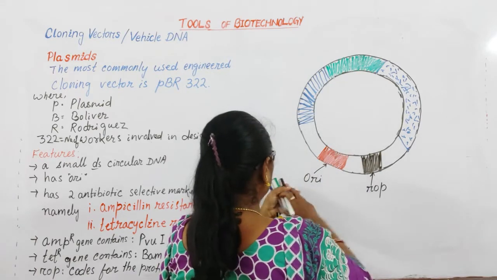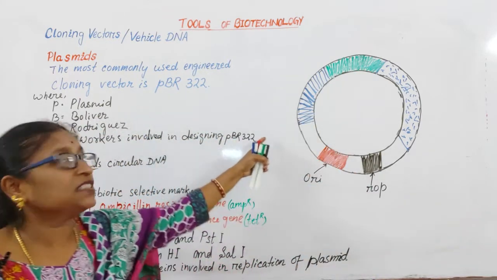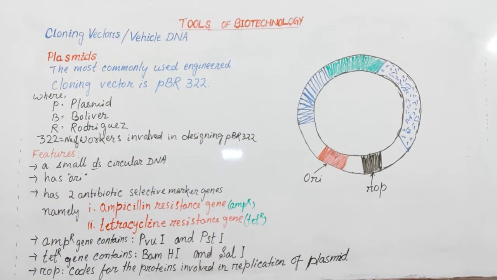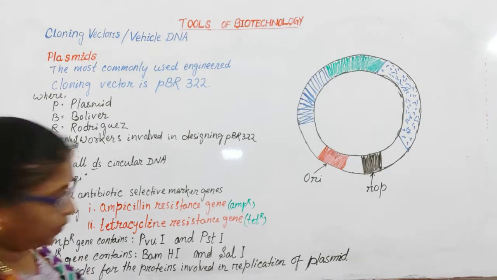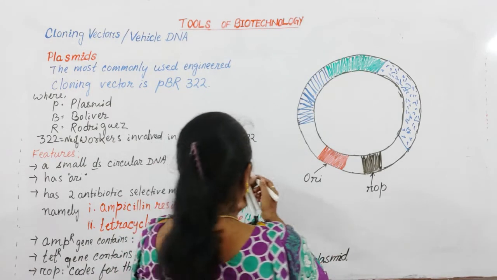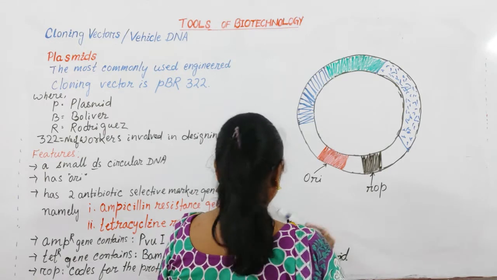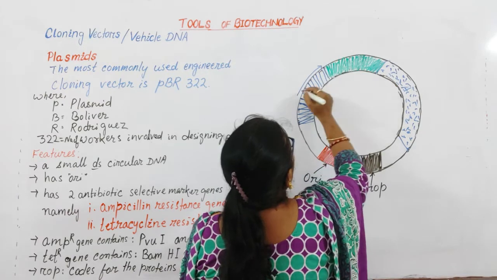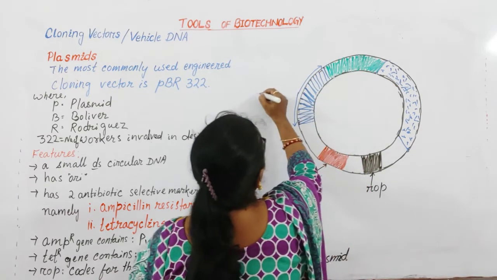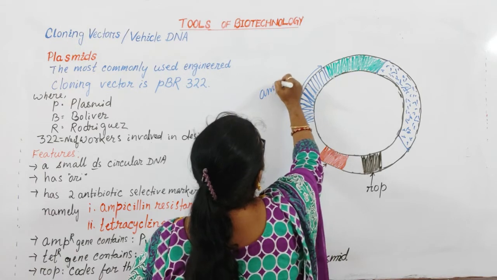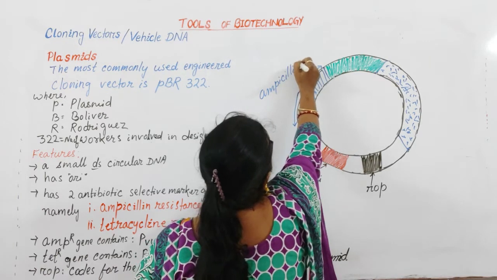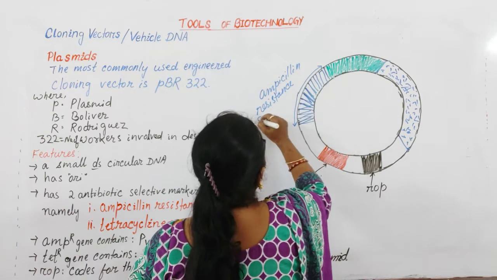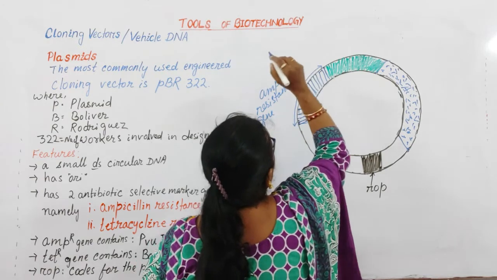And this is the ampicillin resistance gene, AmpR, where PstI and PvuI are.